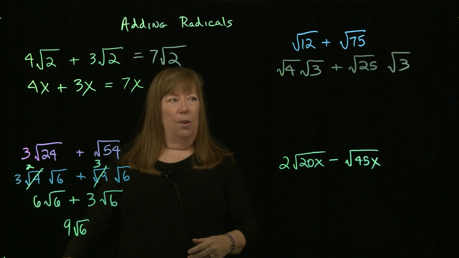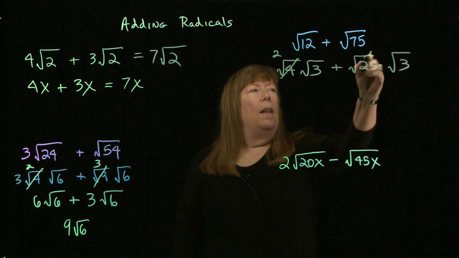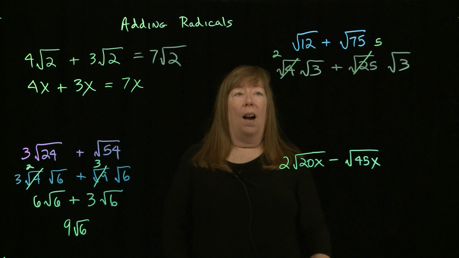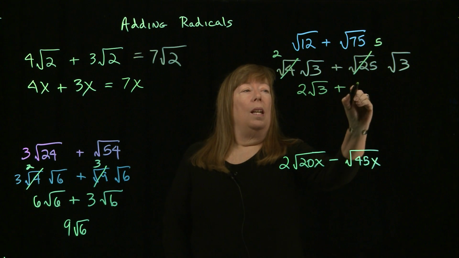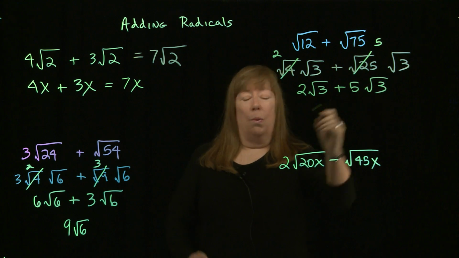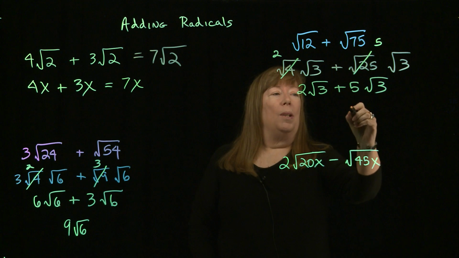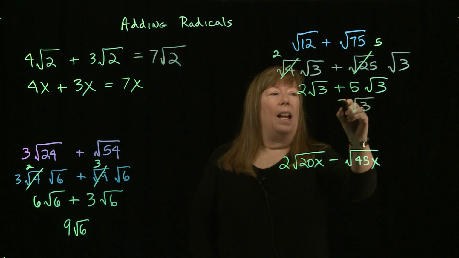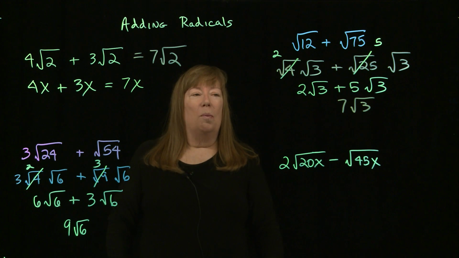Okay, so why did we do this? So that we can take the square root of 4 is 2, and the square root of 25 is 5. So we have 2 times the square root of 3 plus 5 times the square root of 3. And now that we have like radicals, we can keep the radical and add the coefficients. And we end up with 7 times the square root of 3.